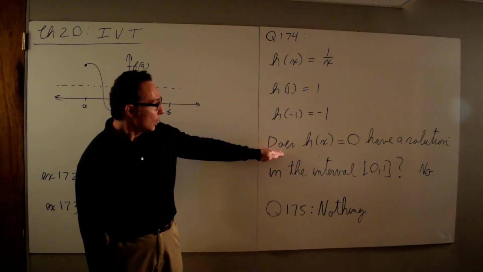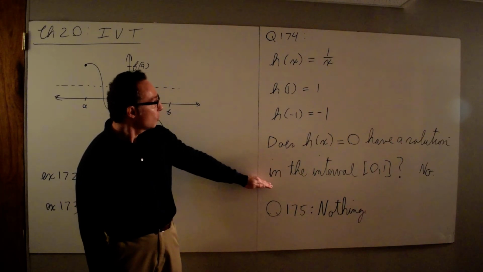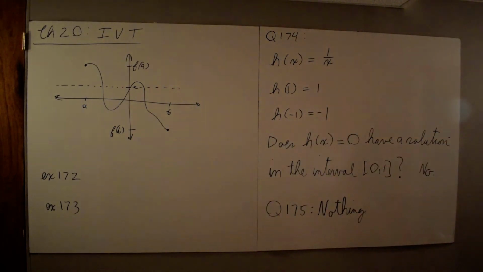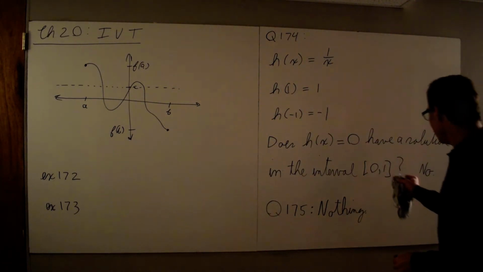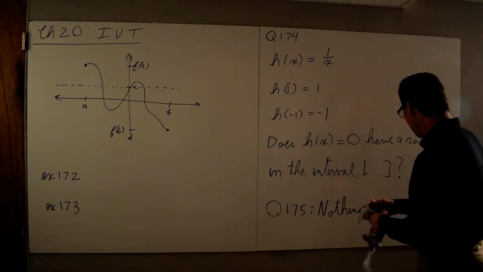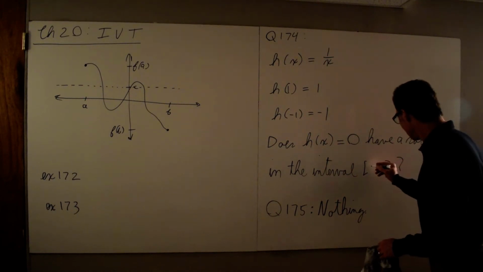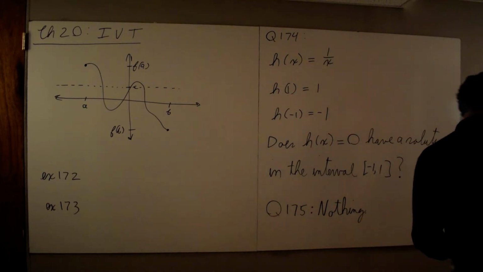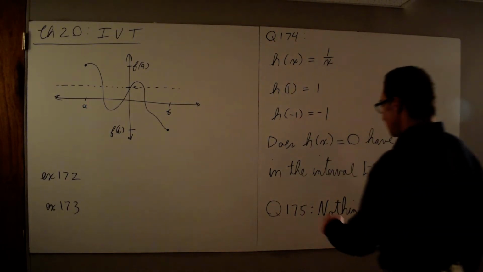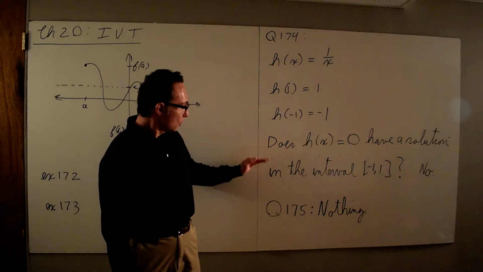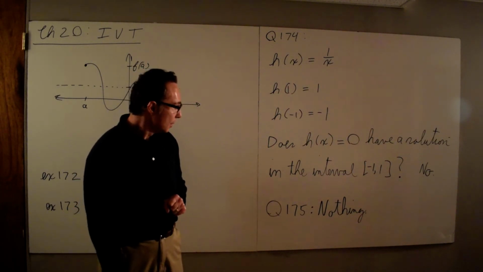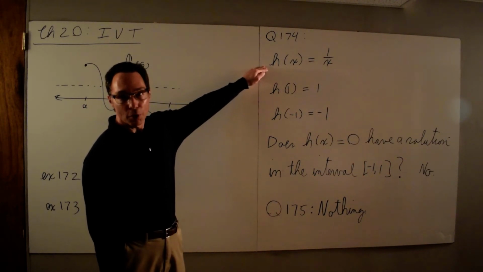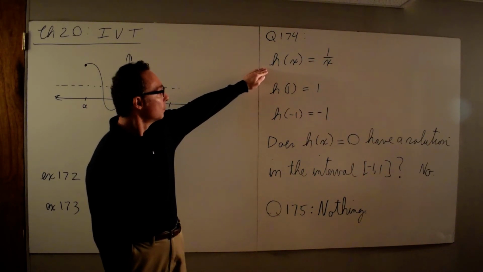Well, does h of x equal 0 have a solution in the interval negative 1 to 1? And the answer is no, because 1 over x equal to 0 doesn't have a solution anywhere.